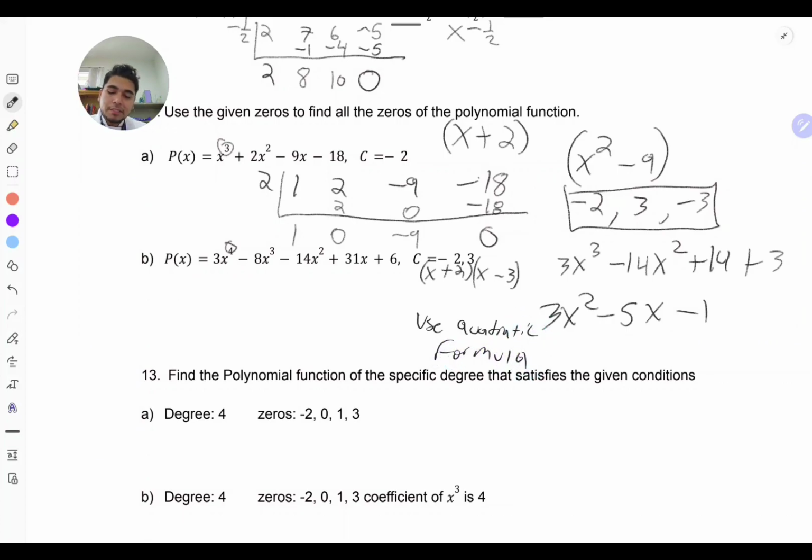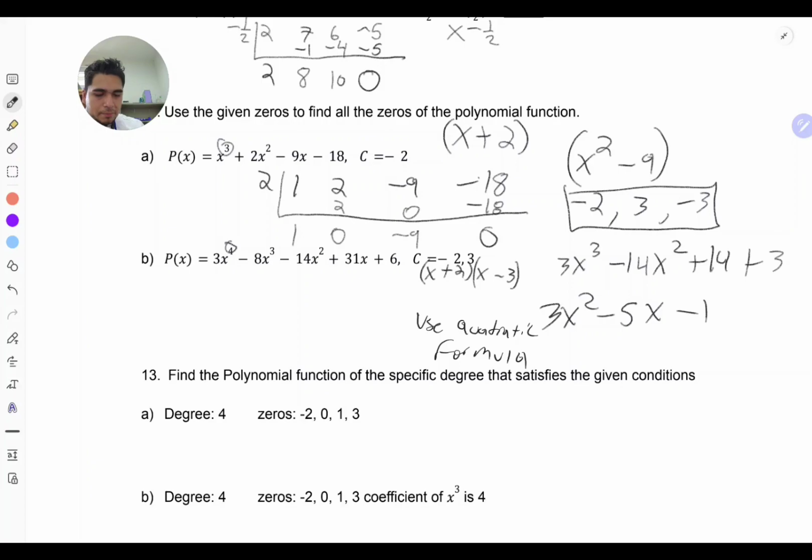If you are curious as to what the zeros are in this one, I can put them really quickly in the calculator. 3x squared minus 5x minus 1. Okay, so once we graph this, we can go on to the calc function, calculate the zero. There's going to be 2 zeros.